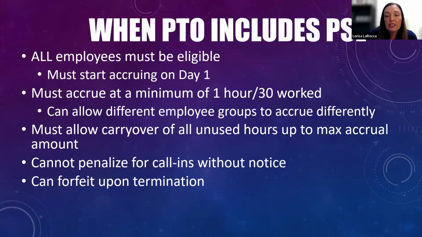You can still have some flexibility in how you choose who is going to accrue at what rates. But everybody has to accrue at that minimum of 1 hour for every 30 hours worked. Again, you have to allow carryover of all of your unused hours up to the max accrual.